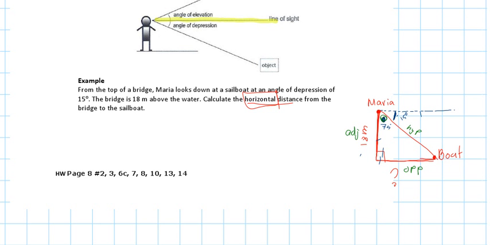Okay? So tan theta equals the opposite over the adjacent. So that's going to be tan 75 equals, I don't know what the opposite is, over the adjacent, which is 18. So cross multiply, right? You can find tan 75 first and then do the multiplication.